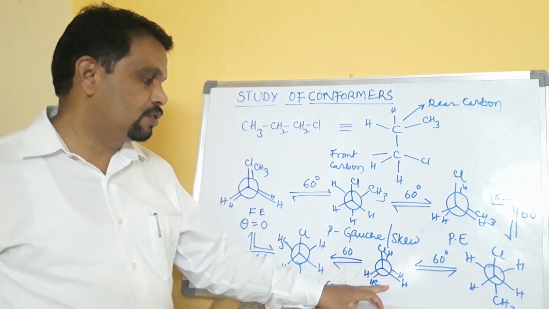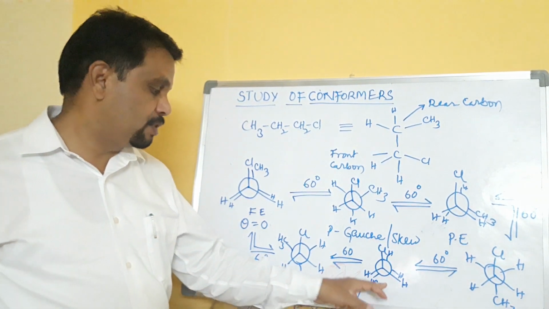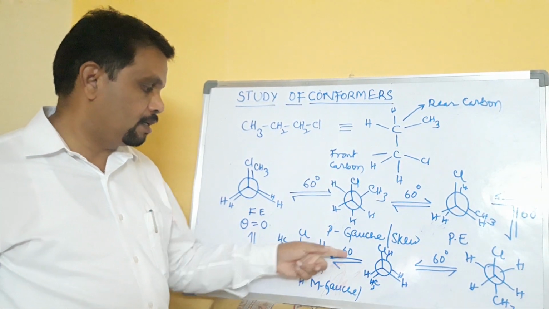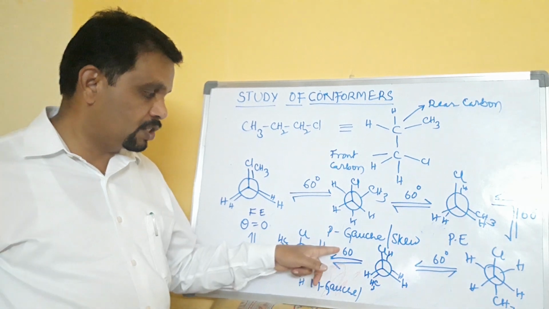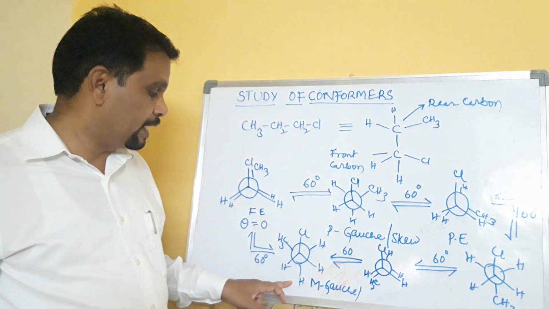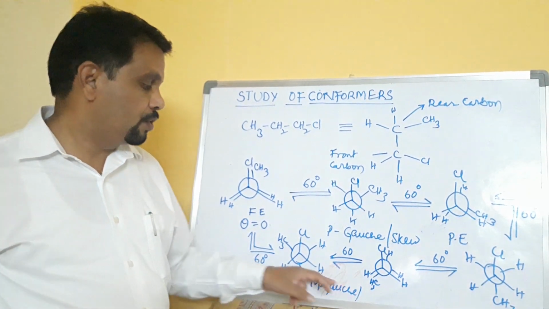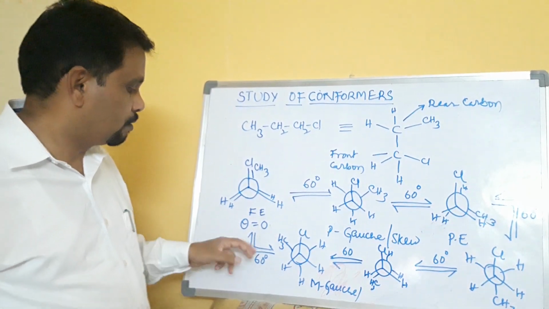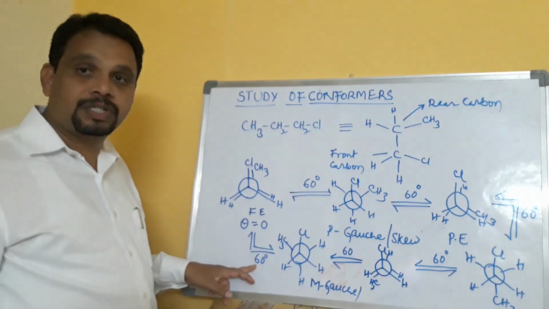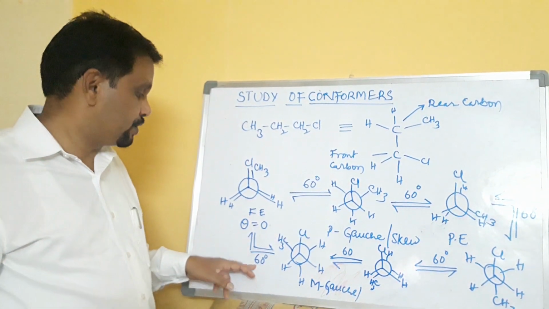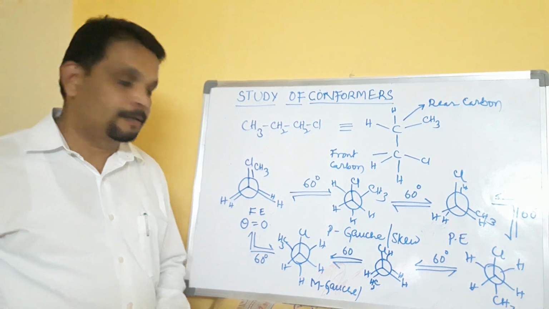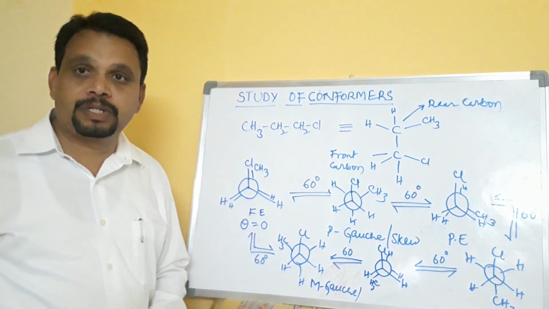Again 60 degrees, a partially eclipsed conformer. Another 60 degrees produces the M gauche or skew conformer. Finally, on 60 degrees rotation, you get the fully eclipsed conformer.